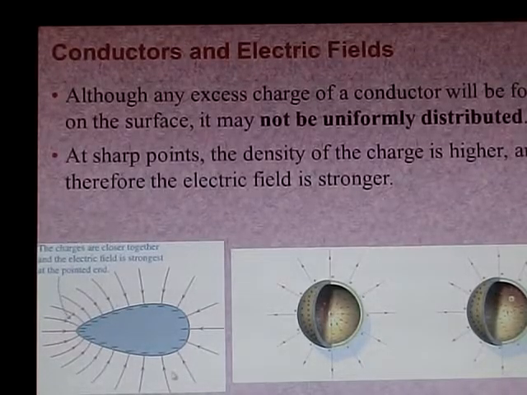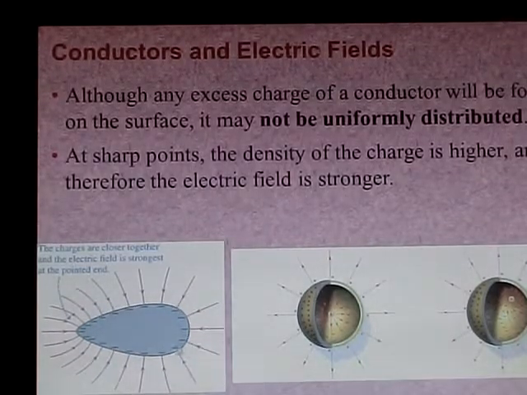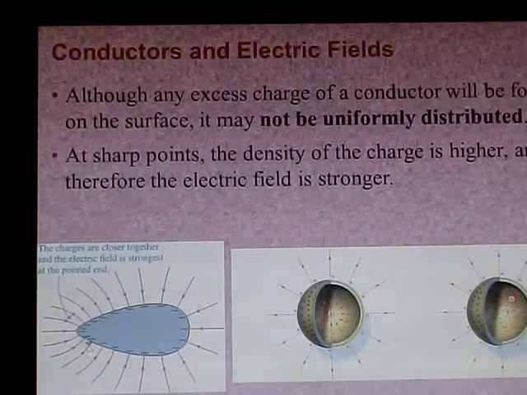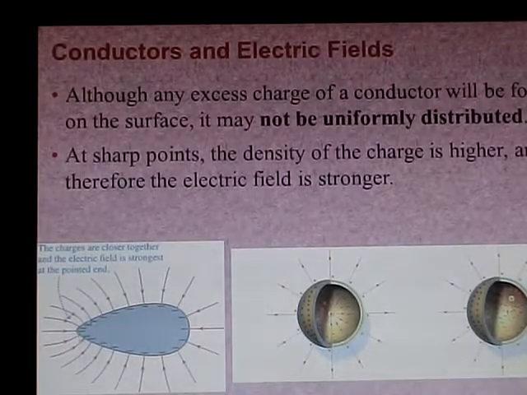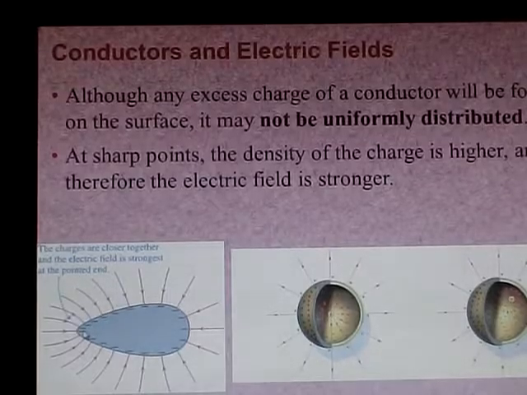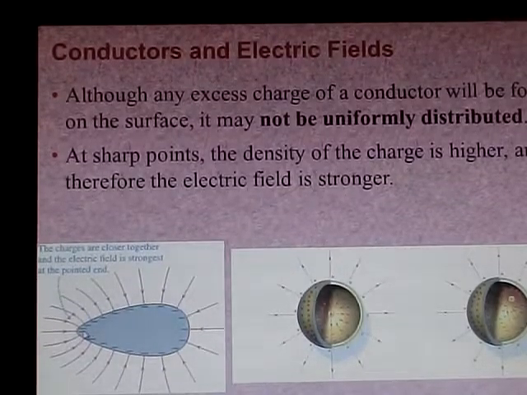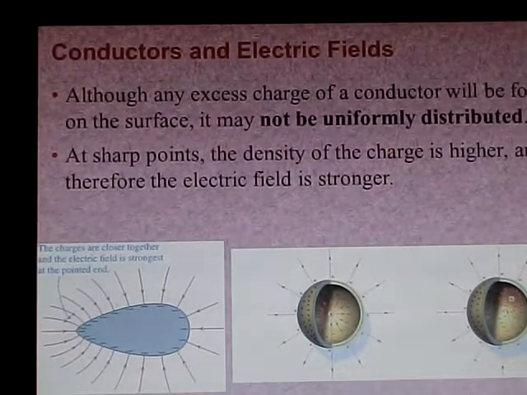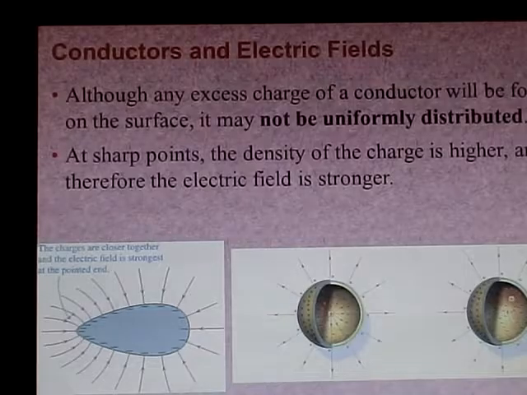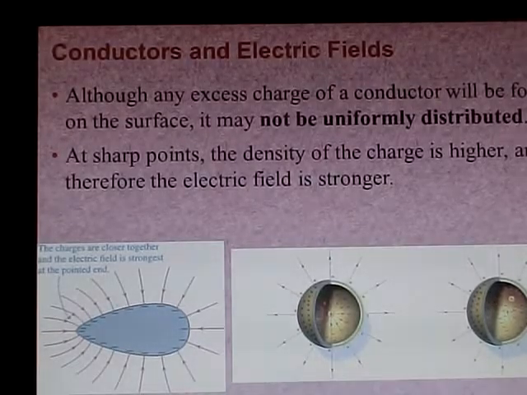Also, the charge arrangement is not always uniform. Where the conductor is pointed, the density of charges is strongest. And that's the principle behind the way conductors are used in preventing thunderstorms or electric discharges from destroying buildings.